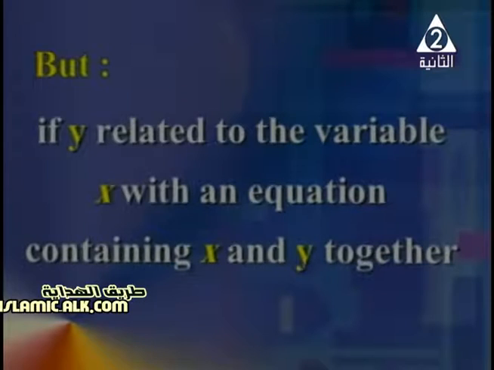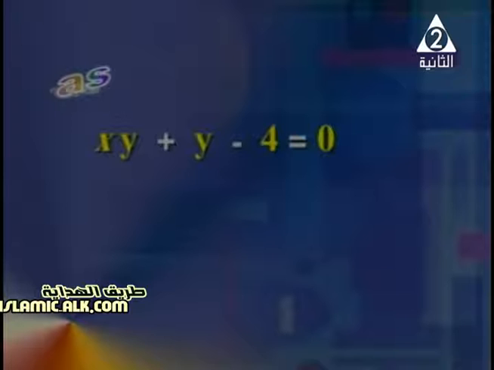But if y is related to variable x with an equation containing x and y together, as in xy plus y minus 4 equals 0. Look at xy plus y minus 4 equals 0.